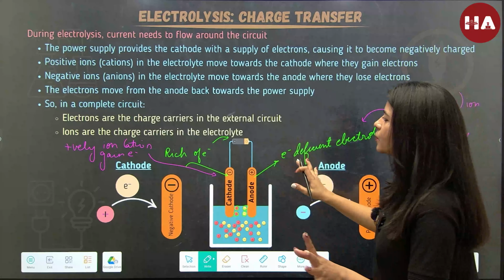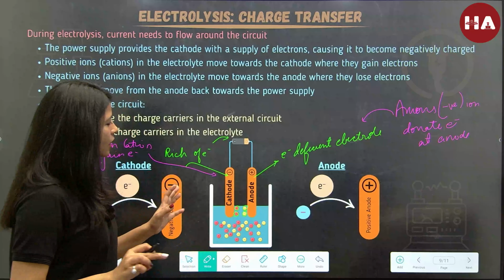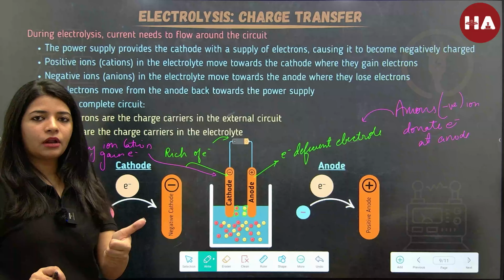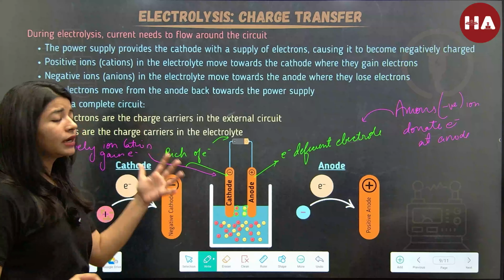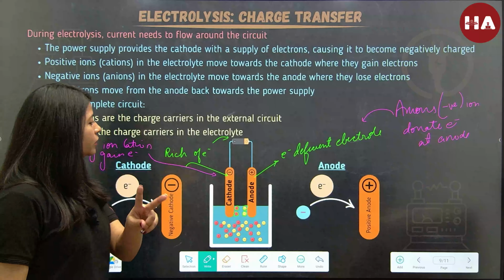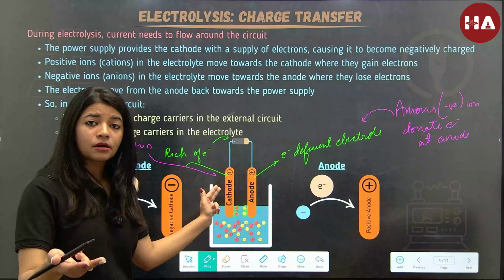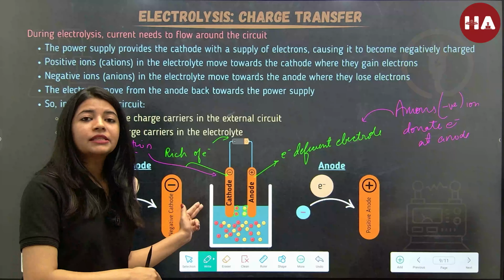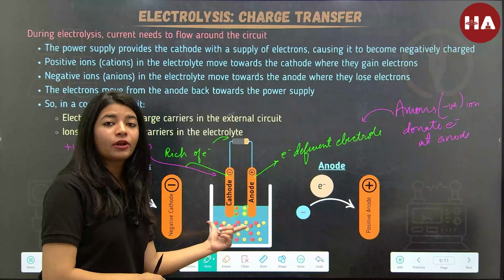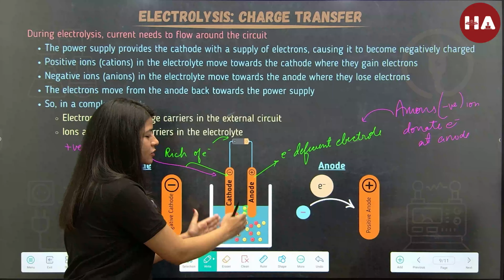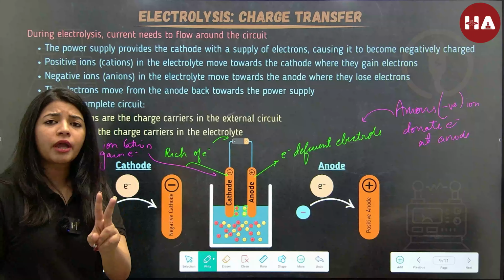Got it? Now let's quickly read. Before we begin to read, let's understand two things that are happening. Electrons are flowing in the outer or external circuit, but ions are moving in the electrolyte of this electrolytic cell. So two types of movements are happening.